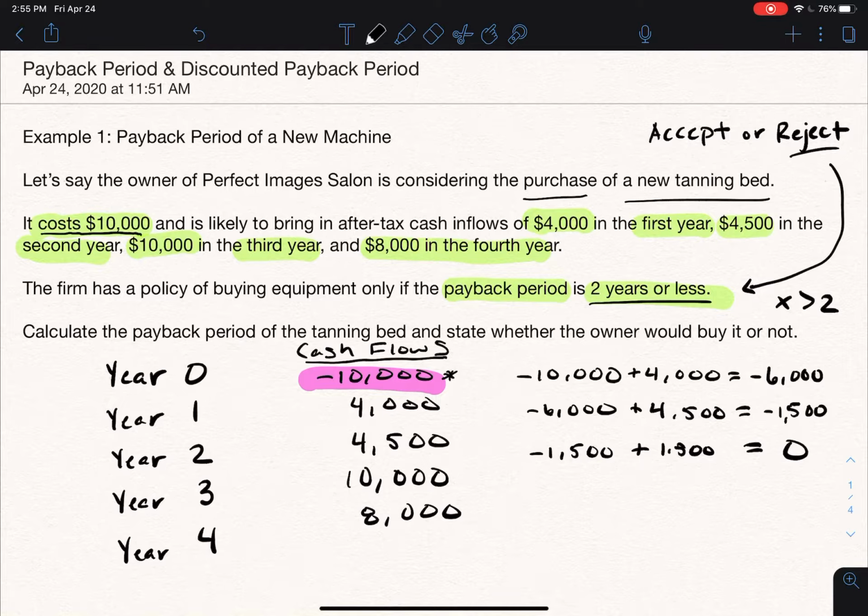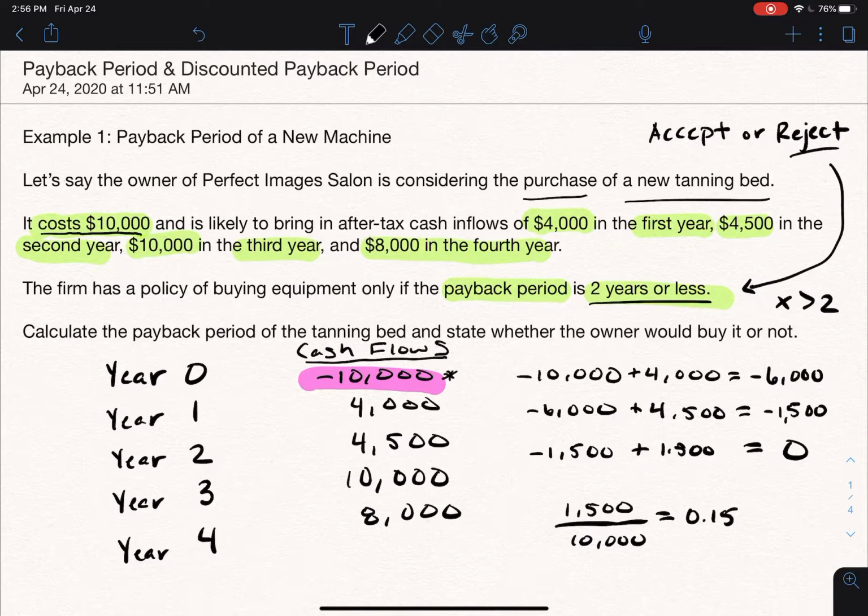So if I take $1,500 and divide it by 10,000, right? Then I'm going to get 0.15. And so what I can do is I can say, well, in year 3, it didn't take me 100% of all the earnings that I needed from year 3. It only took 15%, or 0.15, right, as a decimal.